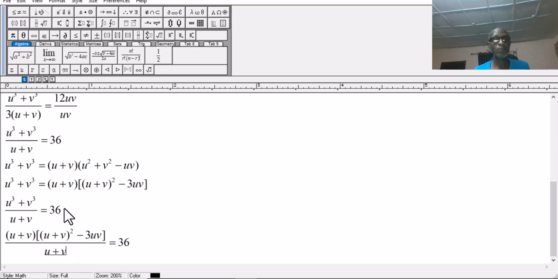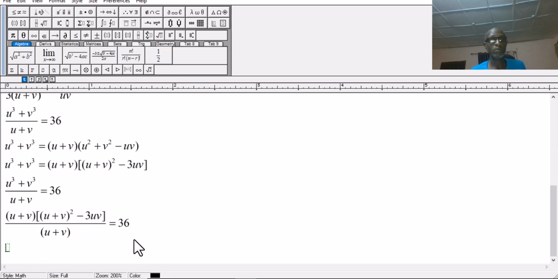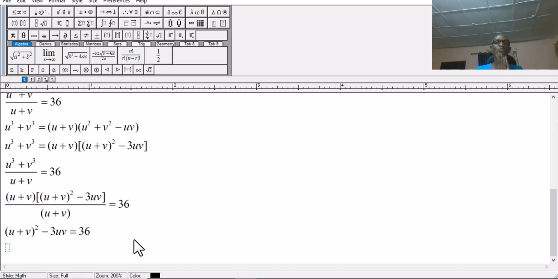So we have that. So now this u plus v will cancel out this one. So what you have at the end of the day is this, equals 36. So now we have gotten very close to our answer.